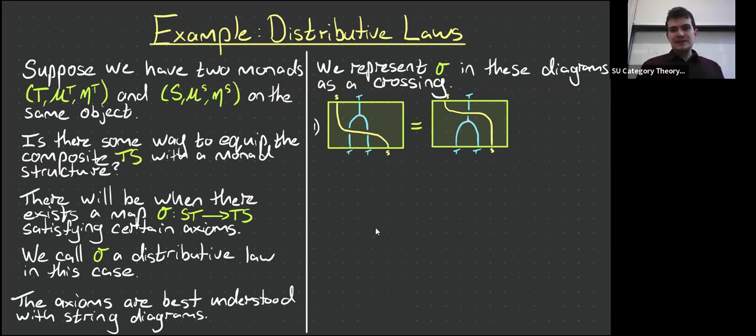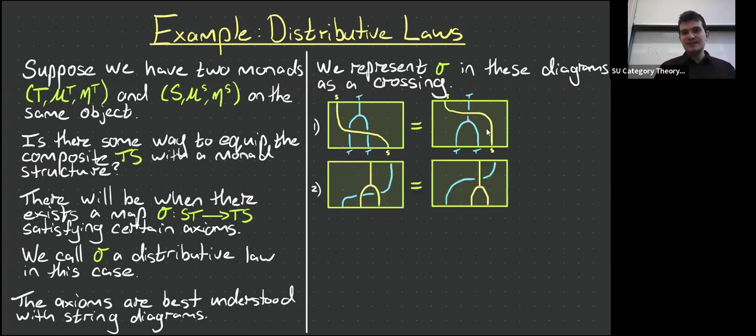And so this is what the one axiom says. Basically, it says that if we have these crossings below the multiplication, it's the same as having the crossing above the multiplication. And we have the converse, or reflected version as well, where now we cross the blue wire.